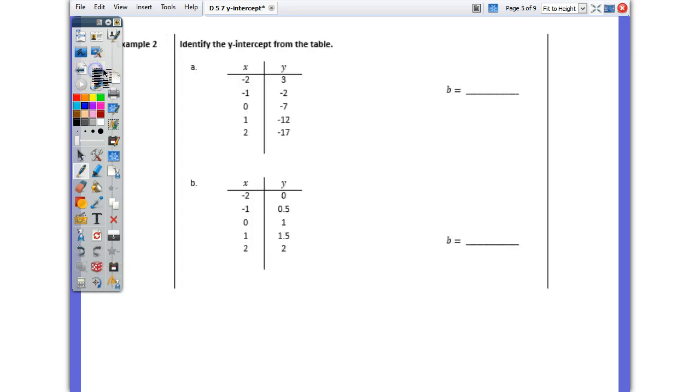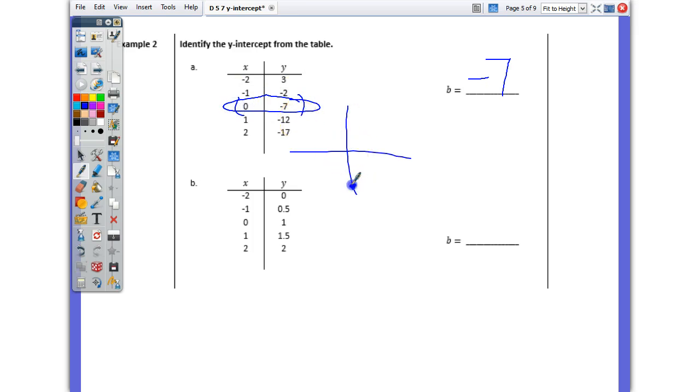Next page. These are the tables I'm talking about. These two are easy. What is the y-intercept? Blurt it. -7. Yes, why is it a -7? Because x is 0 and y is -7. Right here, our ordered pair on a graph, 0, negative 7.